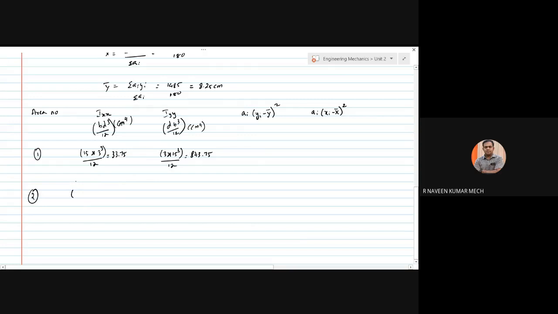In the second, we know that B is 3, D is 15. Again, we get the value of 843.75. Here D is again 15 and B is 3.